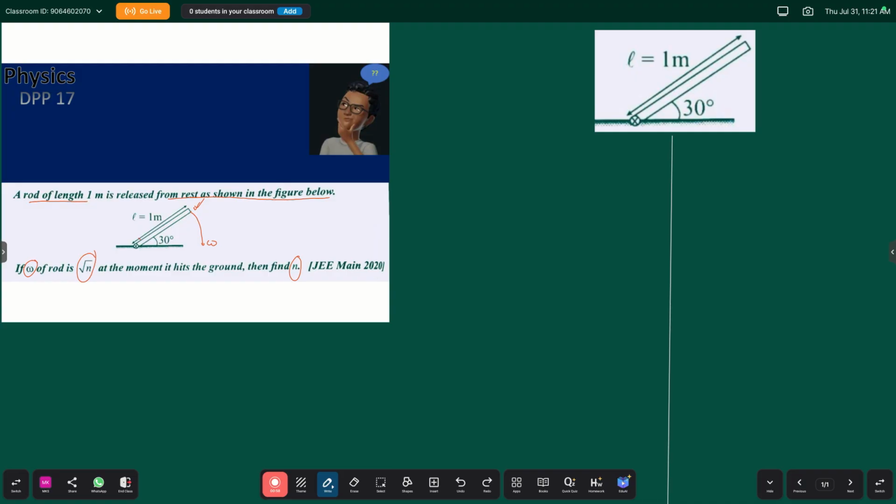As we can see, this point is hinged. So that rod, when released, will rotate about this point, about the hinge point.